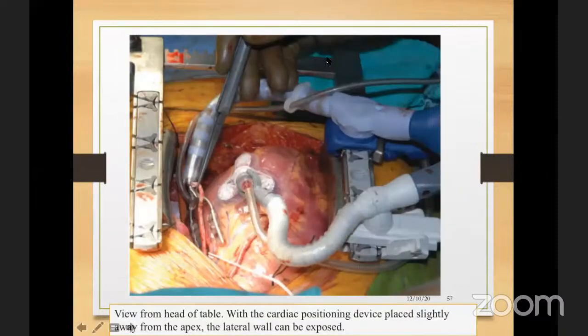This shows a view from the head of the table, with the cardiac stabilizer placed away from the apex, and the lateral wall of the heart can be exposed. So this is the stabilizer, the starfish and octopus.